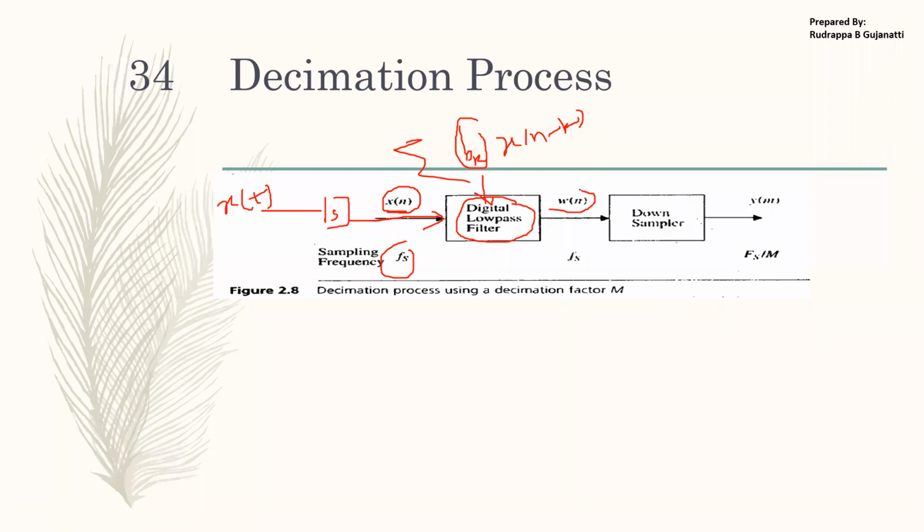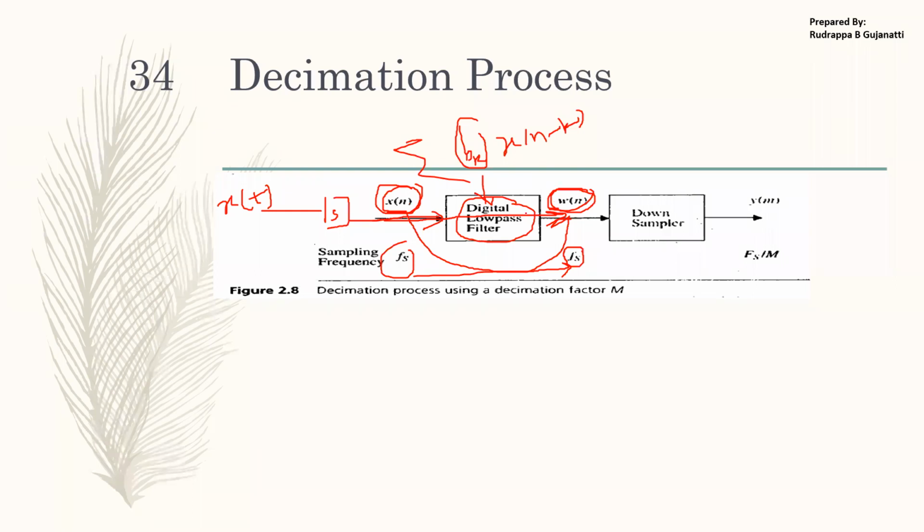So W of n is the filtered version of x of n. Now here, the number of samples present in x of n and W of n will be the same. Therefore, the sampling frequency mentioned here also remains the same. I will not be changing the number of samples over here. The number of samples will be retained.